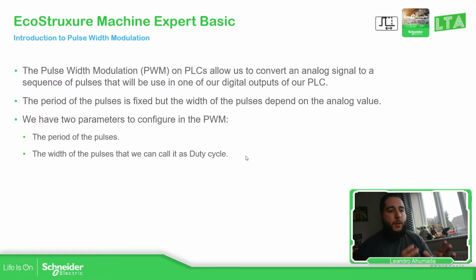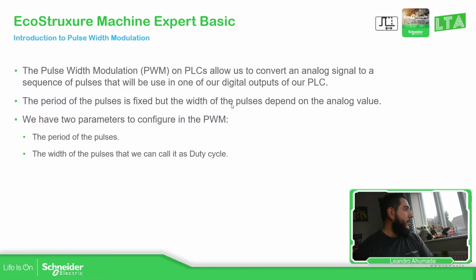Okay, so basically the PWM allows us to convert an analog signal into pulses. Depending on the value that we have on this function block, we're going to have a sequence of pulses, and the difference on the pulses will depend on the status of the pulse between 0 and 1, and the duration on each cycle.